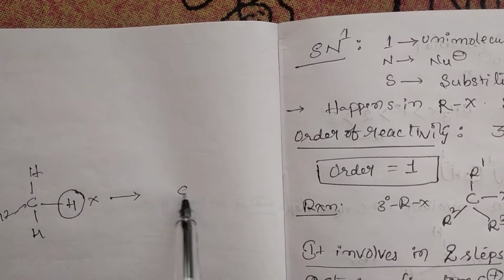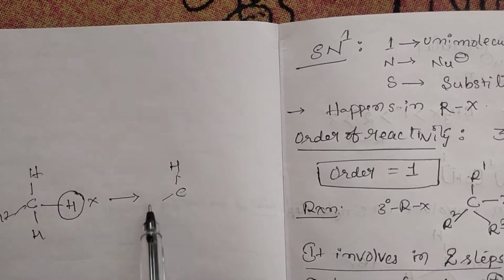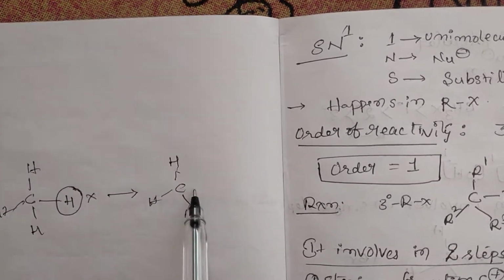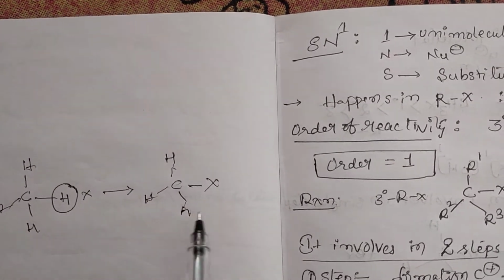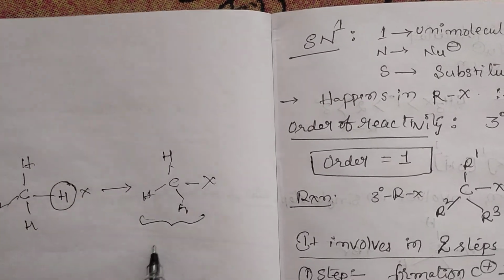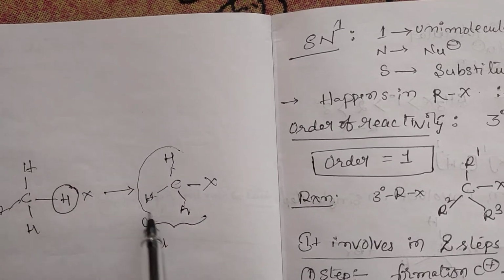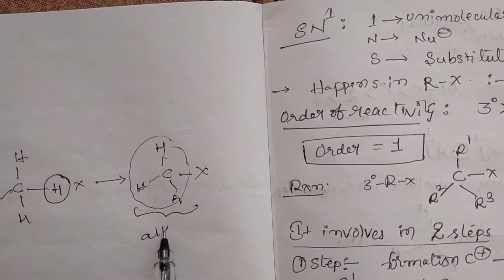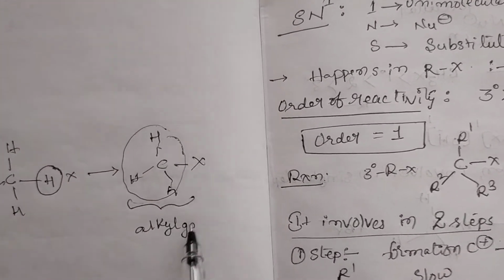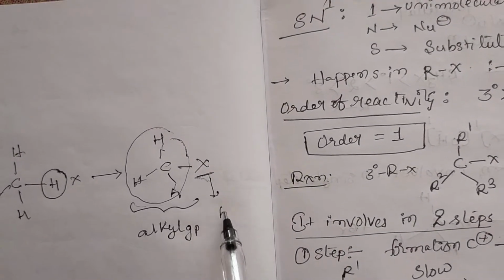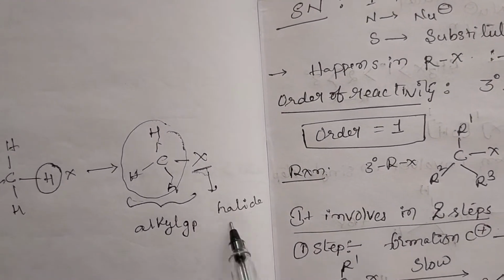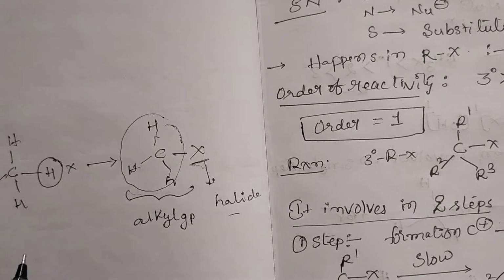So we get carbon, hydrogen, hydrogen, hydrogen and halogen. This group is called the alkyl group, and this group is called the halide. So this is called an alkyl halide.